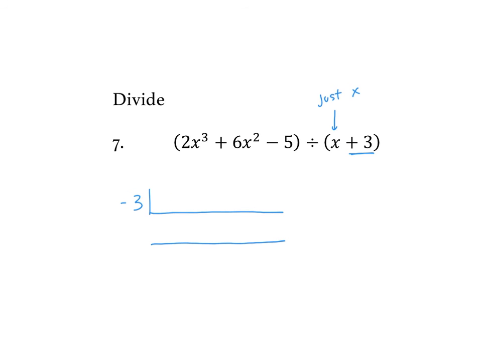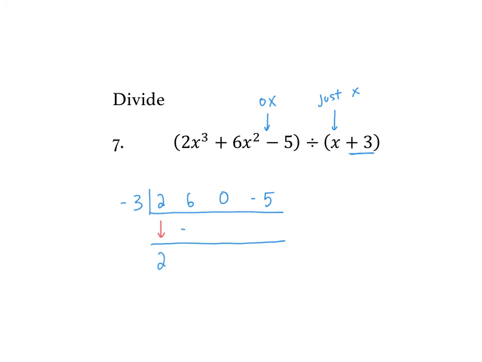For this one, keep in mind there's no x term, so it's like there's a 0x there. So when you're putting the numbers, you'll do the 2, the 6, and then you'll put the 0 for the x, and then minus 5. With these, you always bring down the first, and then you multiply.